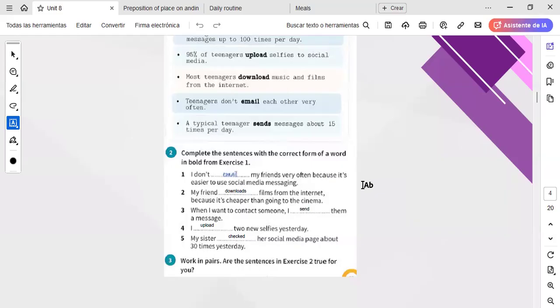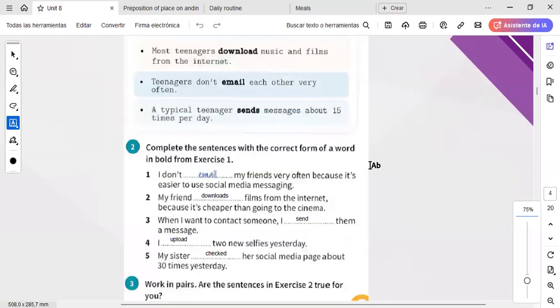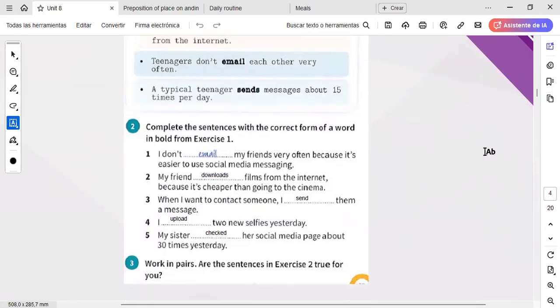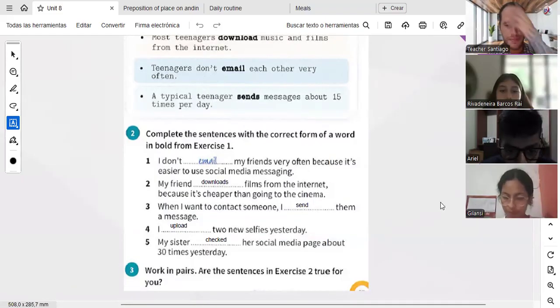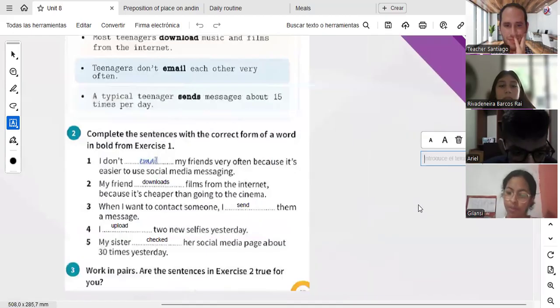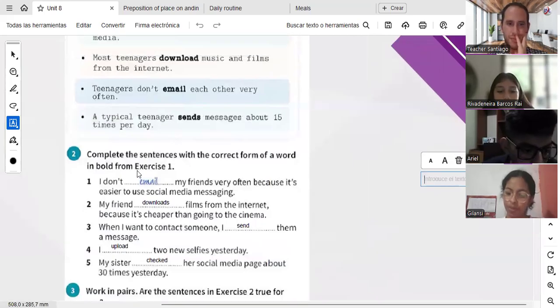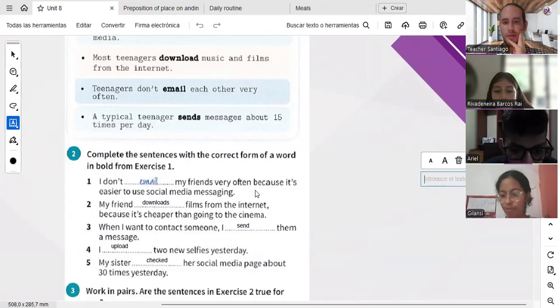And what about you, Ariel? The last participant. Profe, no veo. ¿Puedo bajar un poquito, teacher? For sure. Thank you. You're welcome. So, what do you think, Ariel? I don't email my friends very often because it's easier to use social media messaging.